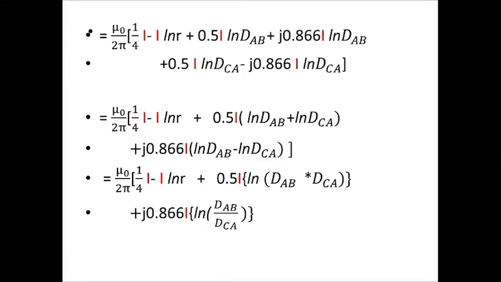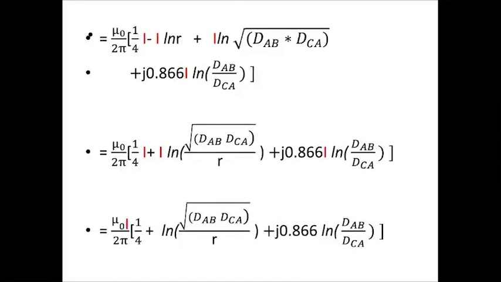That is equal to mu0 by 2 pi into 1 by 4 I minus I log R plus 0.5 I log DAB into DCA plus j0.866 I log DAB by DCA. Now this becomes mu0 by 2 pi into 1 by 4 I minus I log R plus I log root of DAB into DCA plus j0.866 I log DAB by DCA.